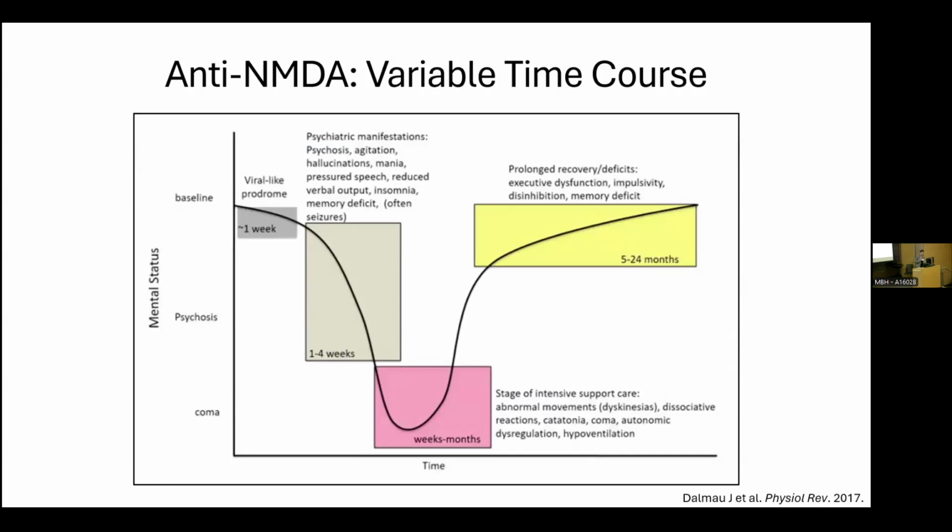And then I really like this graphic because it really highlights the time course of NMDA along with key symptoms. So it does oftentimes start with a viral prodrome, and then patients may start to develop subtle psychiatric symptoms, but eventually it can really progress over the course of weeks into more serious symptoms like refractory seizures, autonomic dysfunction, severe movement disorders.